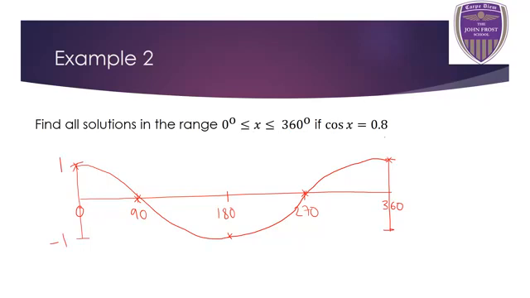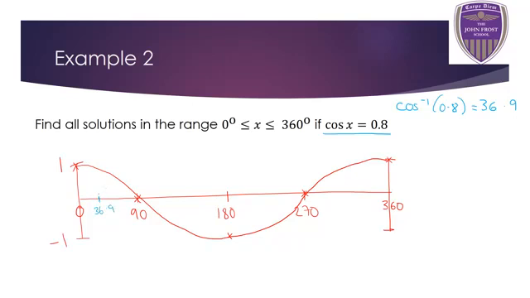Same range, this time cos x equals 0.8. So cos to the -1 of 0.8, shift cos 0.8, and I'll do 1 decimal place. In my calculator, to 1 decimal place, that would be 36.9. So back to the graph, 36.9 is roughly here.